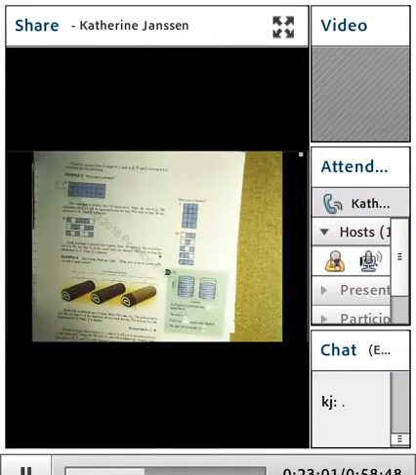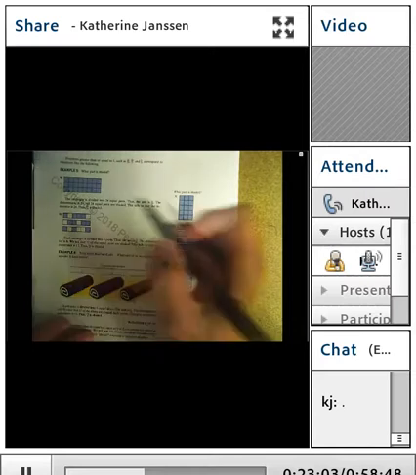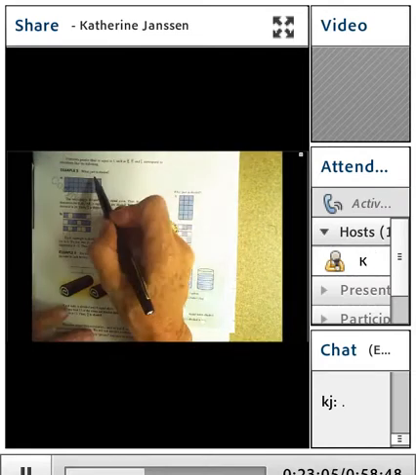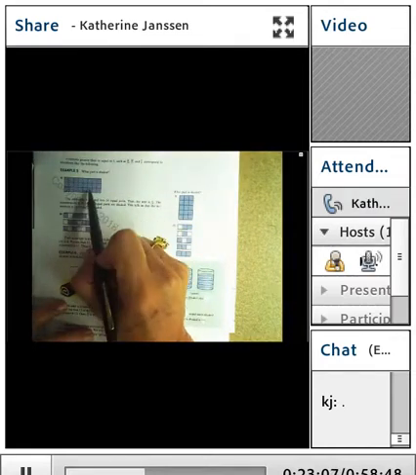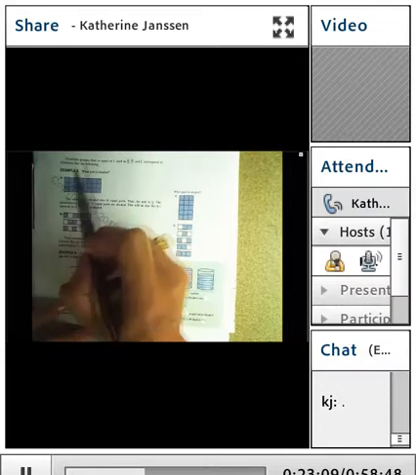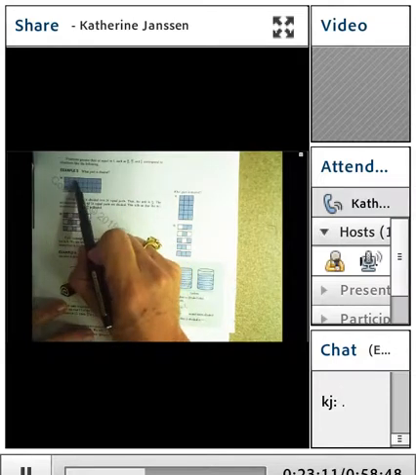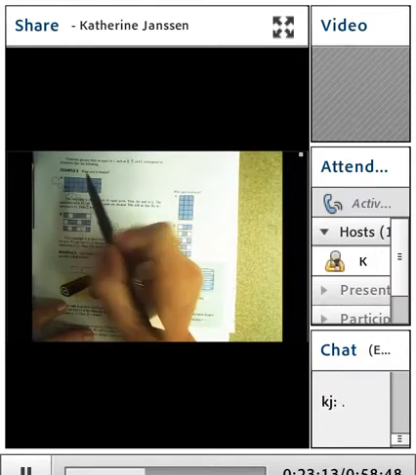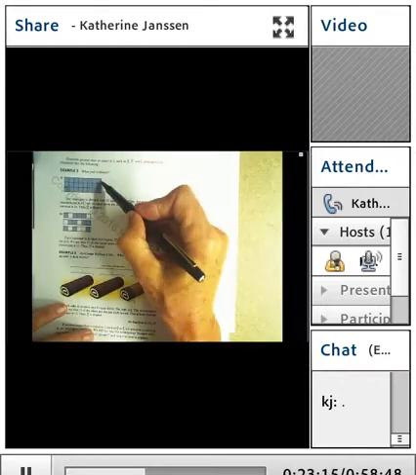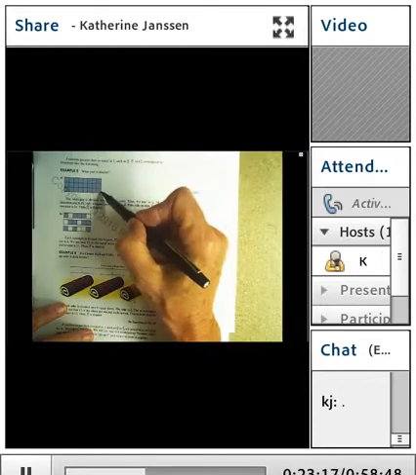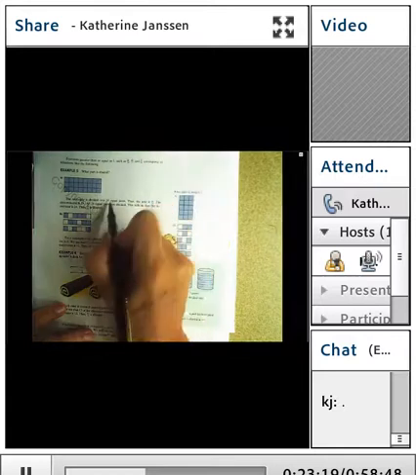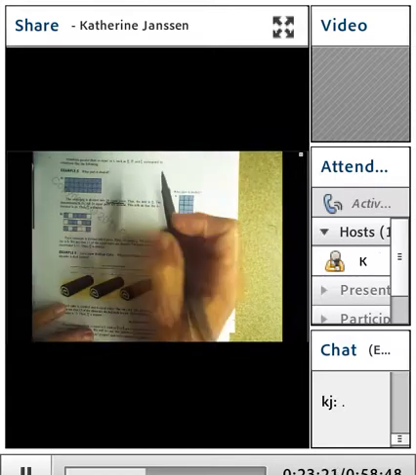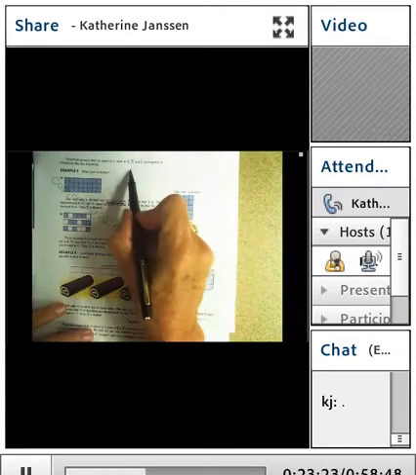The next diagram on page 101 is interesting. Example 5. We have an object shaded. It has 8 equal parts in each row of 3. So 3 times 8 is 24 equal parts. So each unit is 1/24.